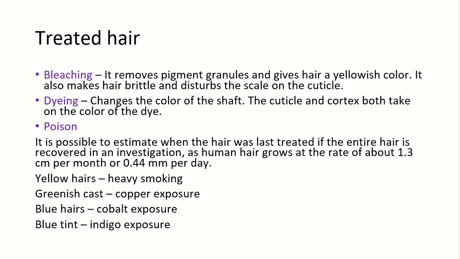Yellow hair is due to heavy smoking, a greenish cast due to copper exposure, blue hair due to cobalt exposure, and a blue tint due to indigo exposure. In case of slow poisoning or repeated exposure to the poison, trace elements of the poison will be found in the hair.